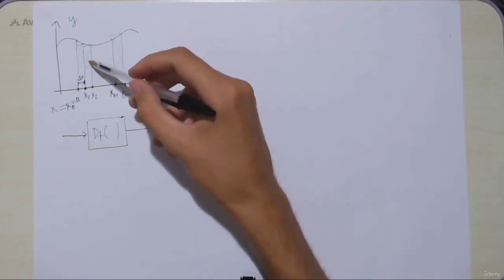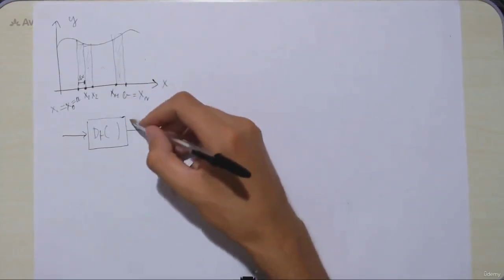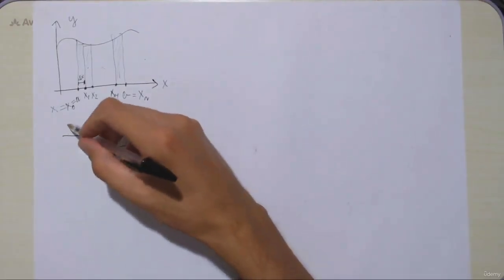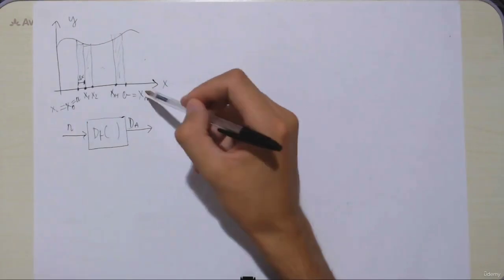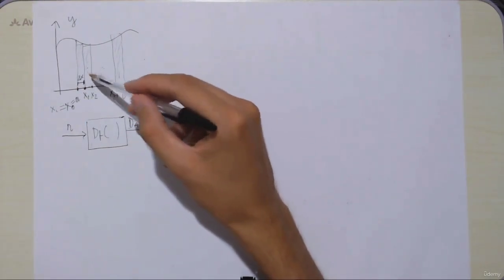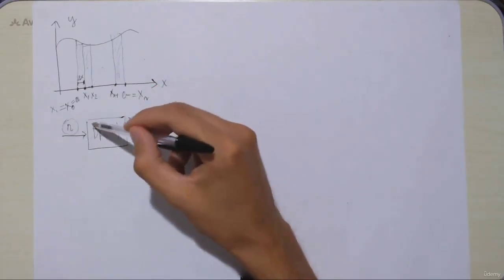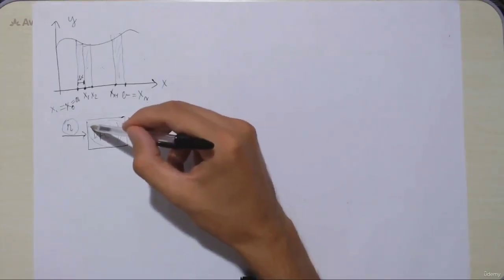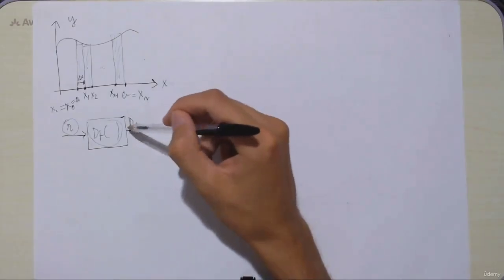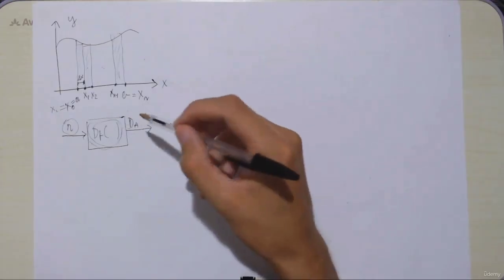So there will be a lot of rectangles here, and if we sum them up, we will get our discrete area. So our goal is to find this discrete area, and our input here would be n, or the amount of intervals, or the amount of these rectangles. Alright, so I need to find a function, a relationship that takes the amount of rectangles that I have, and then gives me my discrete area. So I have to find this function here.